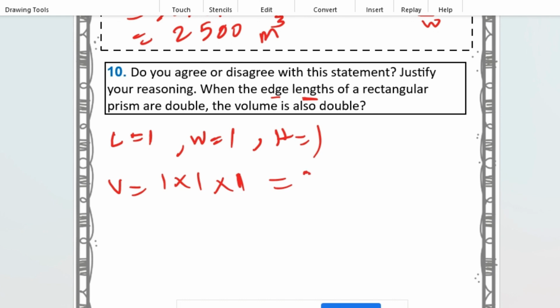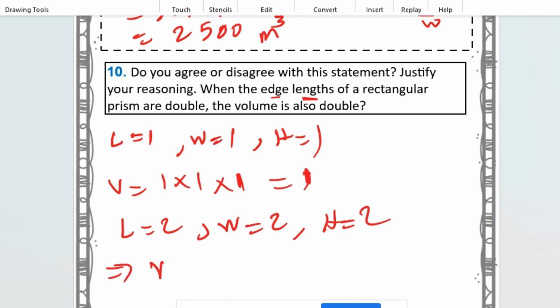This will give us 1, of course. Now let's double all the parameters or dimensions. L will be 2, W will be 2, and H will be 2. So our new V will be what? 2 times 2 times 2.